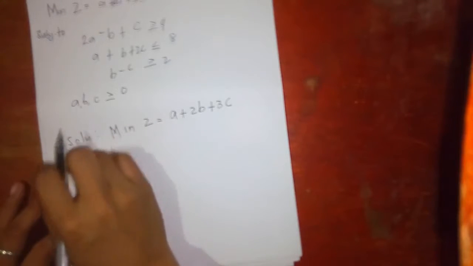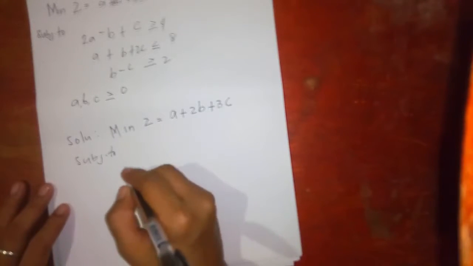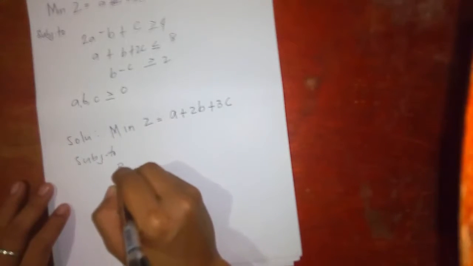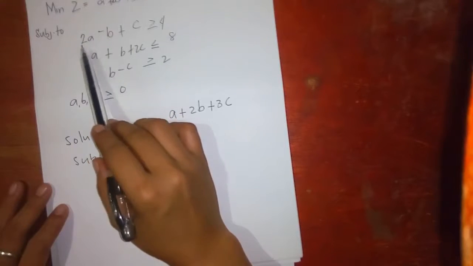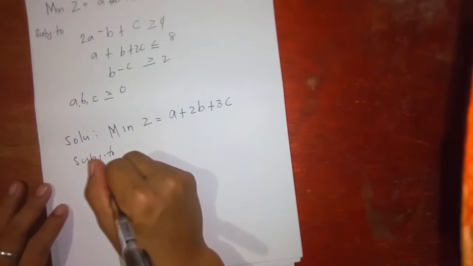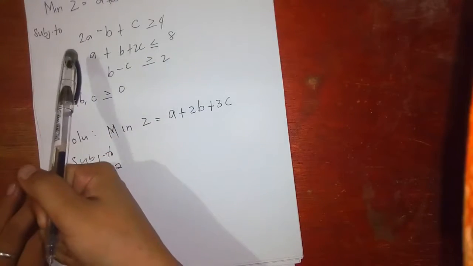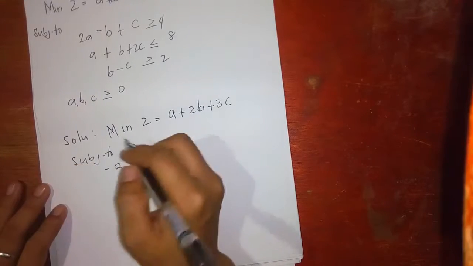Subject to, for this one, 2a must be negative because we will multiply by negative 1.